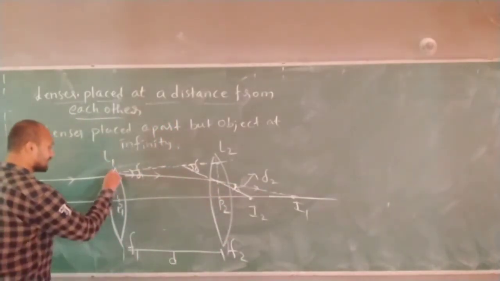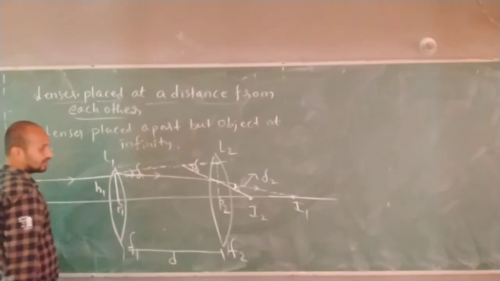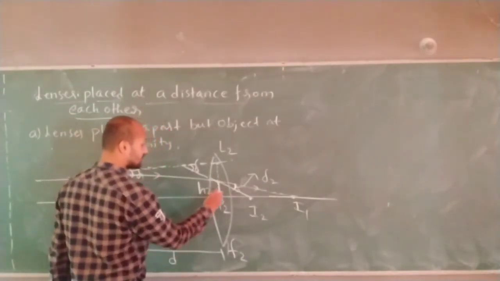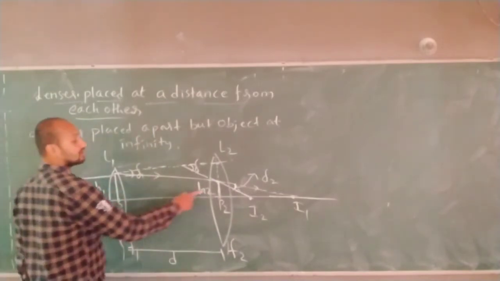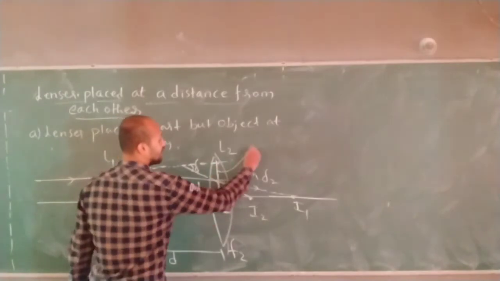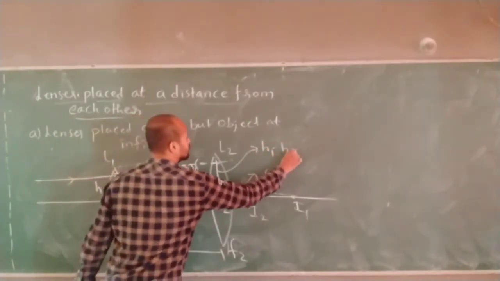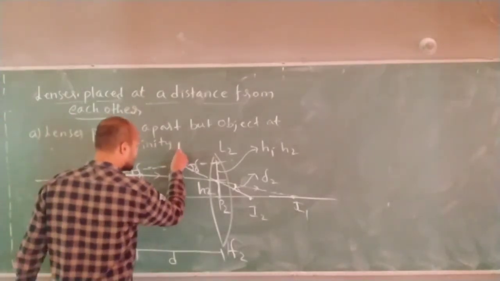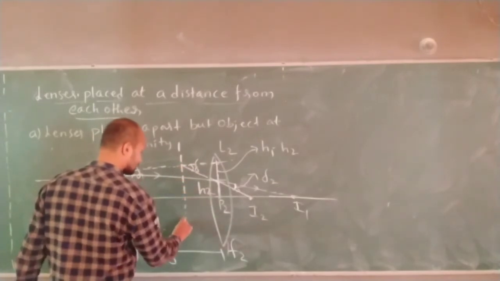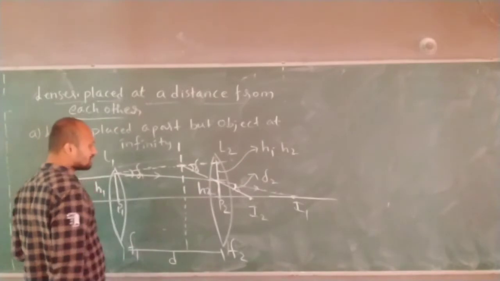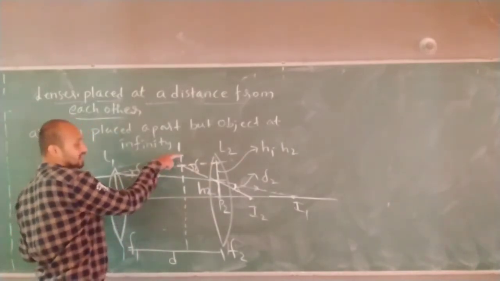If I consider this height as h1 and this height as h2, what will be this height? This height will be h1 minus h2. Let me draw one line here. At this point, what is happening? It is just like the light is passing through this.